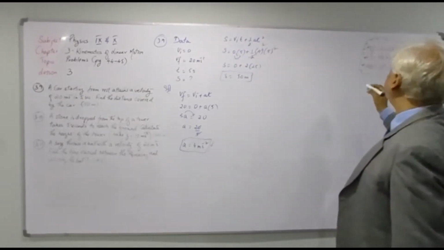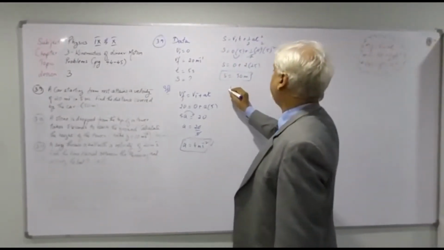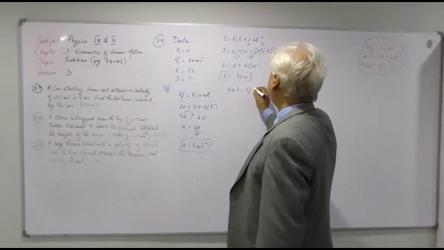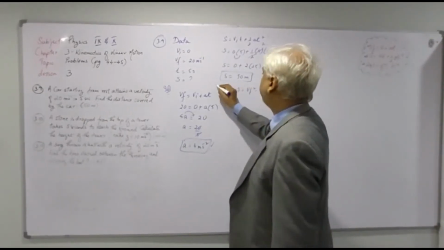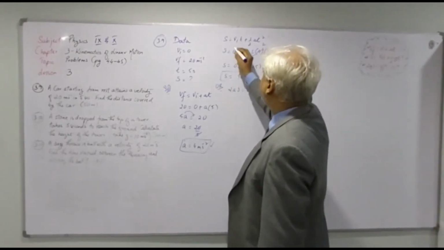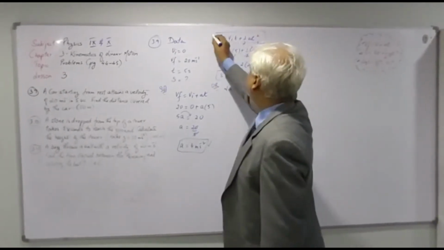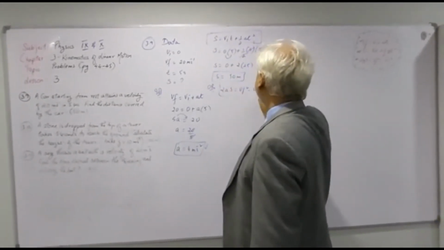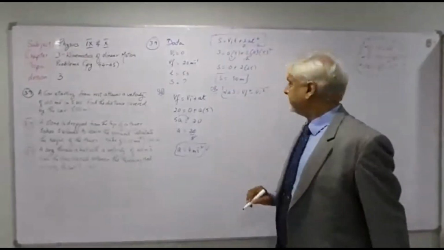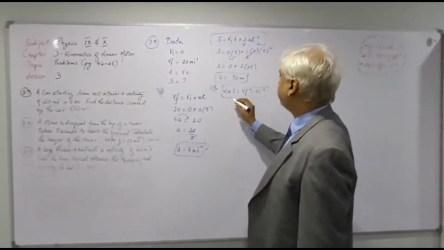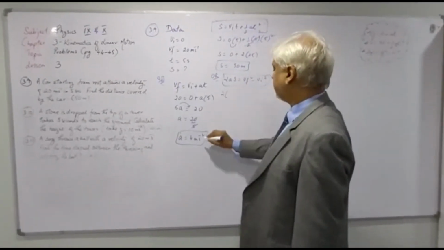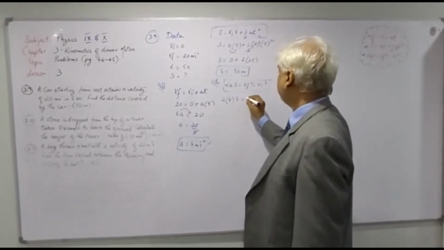Even if we apply the third equation of motion, that is 2as is equal to Vf squared minus Vi squared, we will get the same result. You could either use s is equal to Vit plus half at squared, or 2as is equal to Vf squared minus Vi squared. 2 times acceleration is 4, distance is what we need to find out.